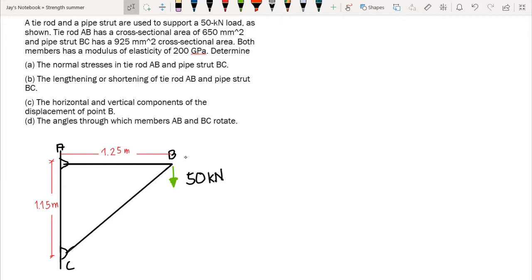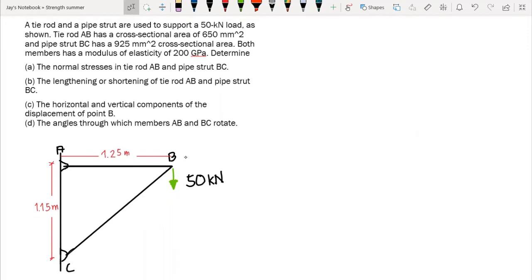So we try to solve our first question here, the normal stress in tie rod AB and pipe strut BC. But before that, let's compute for the axial forces in both members. So how are we going to compute the axial load in both members?